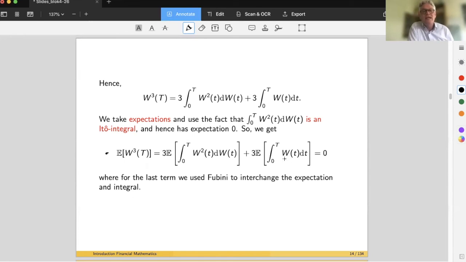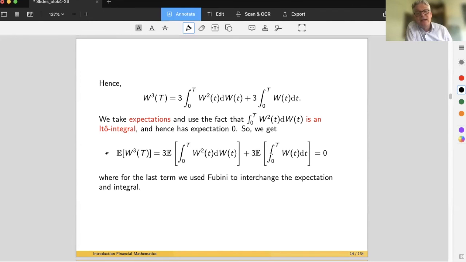And now this is equal to 0. First of all, this term here has expectation 0. That is known because it's an Ito integral. And the other term is a little bit more tricky. But we are dealing with a bounded function here. And in fact, we are dealing with 2 integrals, because the expectation is an integral.